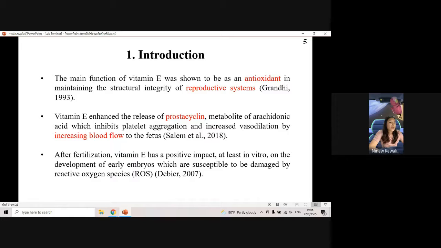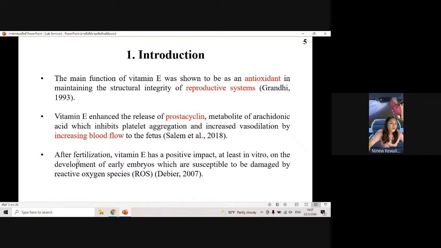The main function of vitamin E was shown to be as an antioxidant in maintaining the structural integrity of the reproductive system. Vitamin E enhances the release of prostacyclin, a metabolite of arachidonic acid, which inhibits platelet aggregation and increases vasodilation, increasing the blood flow to the fetus.